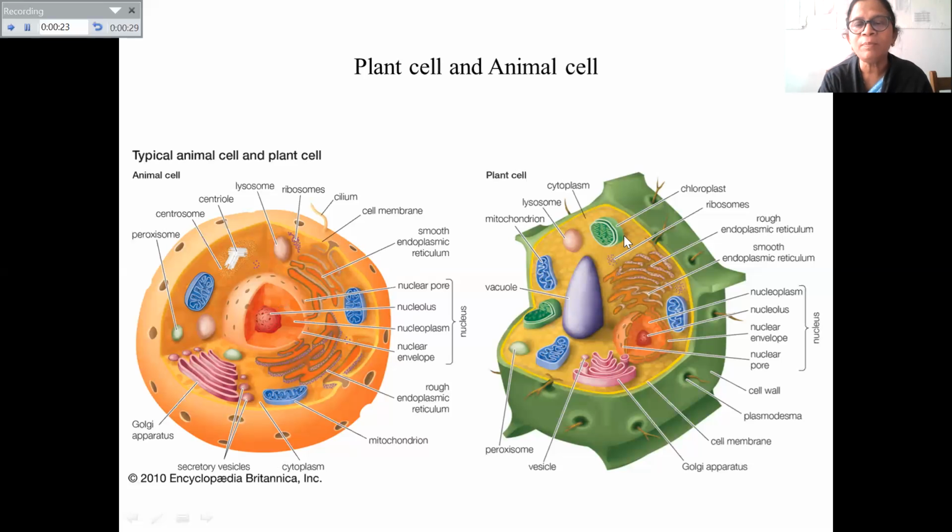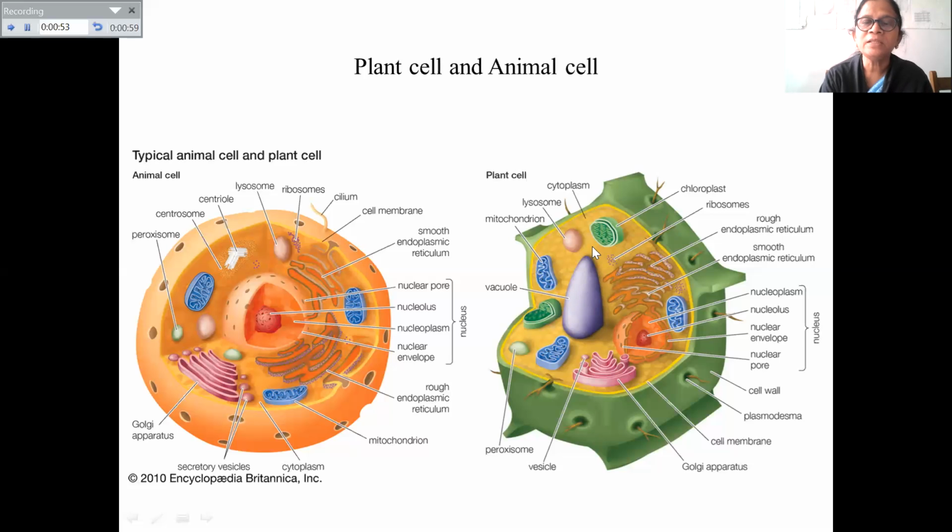Now here in plant cell, you can see a centrally placed vacuole is present, which is large, and the nucleus is shifted towards the periphery. Why is the nucleus shifted towards the periphery? Because a centrally placed vacuole is present. Then the endoplasmic reticulum is there, smooth as well as rough. Mitochondria is present.